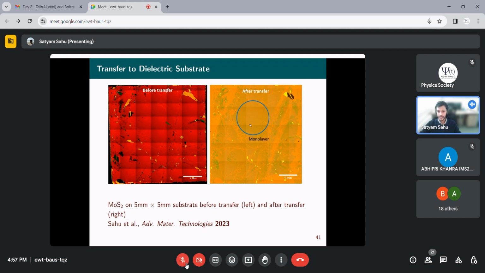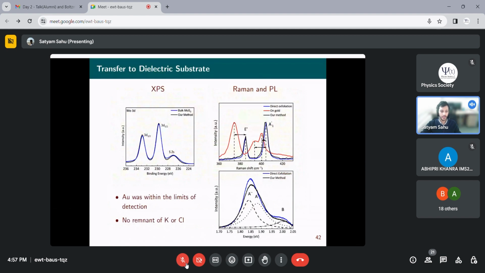As can be seen, inside the blue circle we have very nice monolayers, and we tried to compare the two substrates and see how much of the flakes we were able to transfer from the metallic substrate to the dielectric substrate, and the yield was roughly 95%.